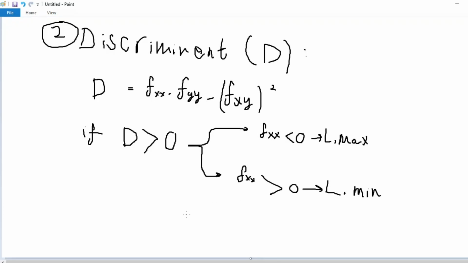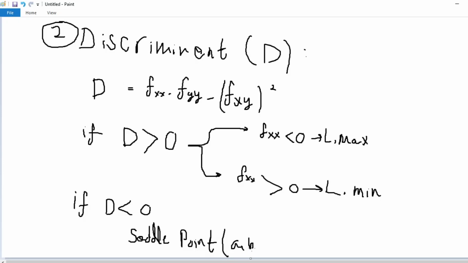The last point I will discuss before we get to the examples: if the discriminant is less than 0, then there is a saddle point. And it can be written as, for example, (a, b, f(a, b)). And this is it.